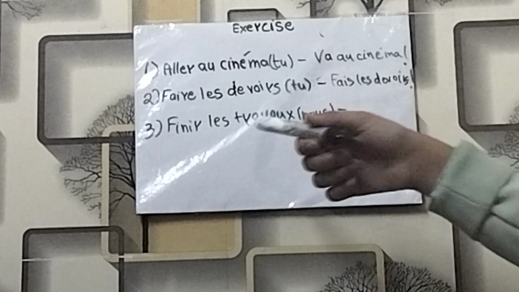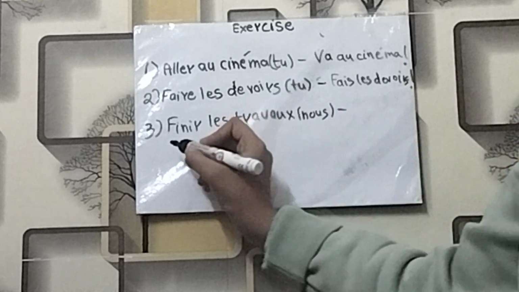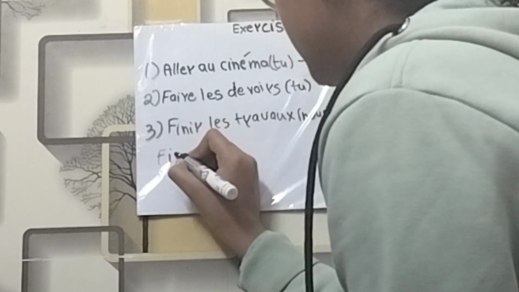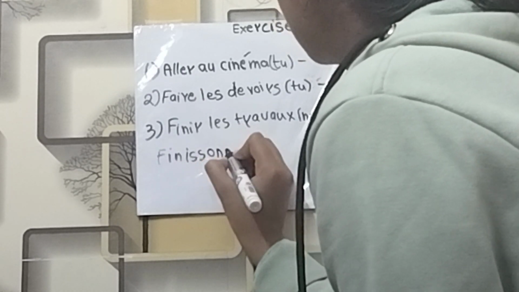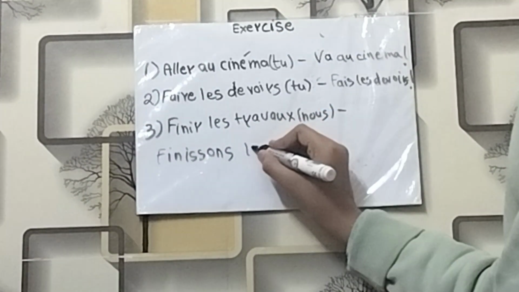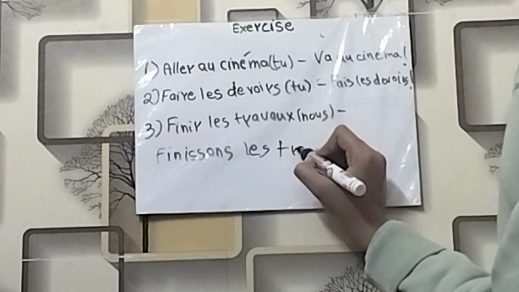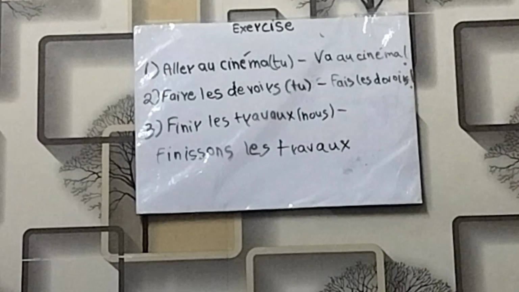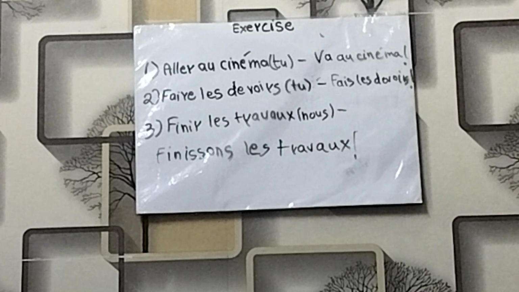So let's conjugate finir with nous, as it is an IR ending verb. We will add iss on nous. Finissons, and everything as it is, and end it with an exclamation sign.